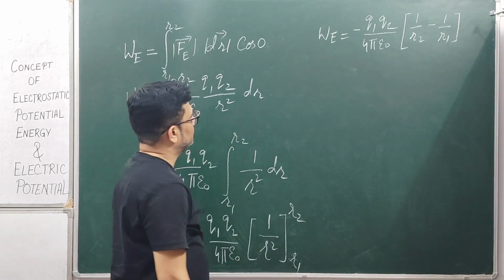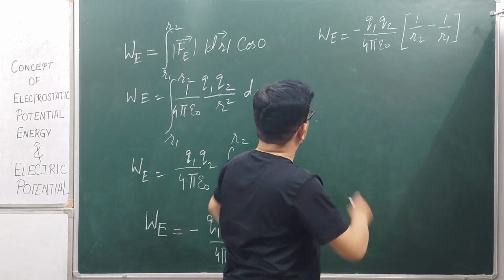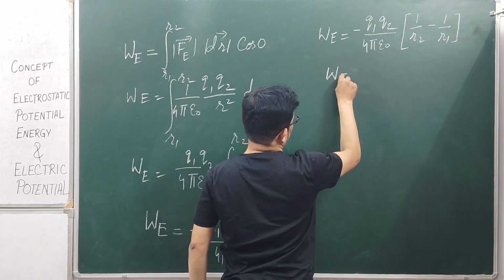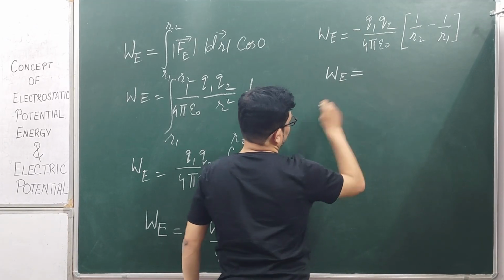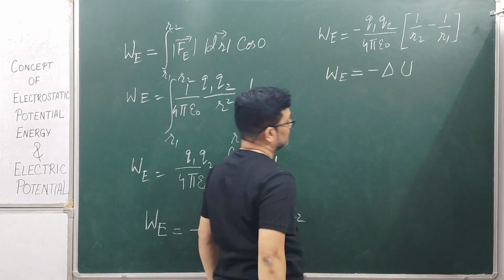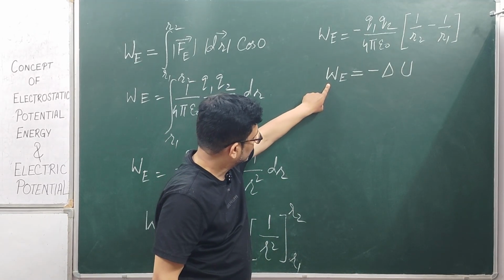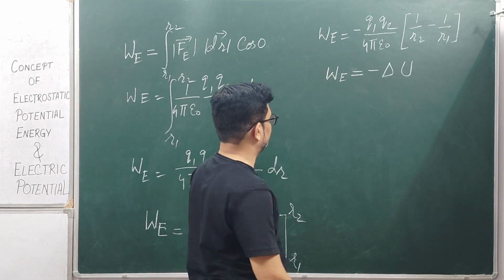All right, so we know the change in potential energy. This work done by the electrostatic force is equal to negative of delta U, which means that the work done by the electric field results in a decrease in potential energy.